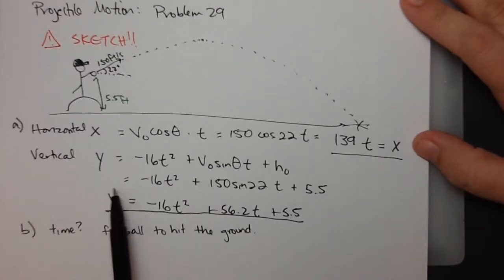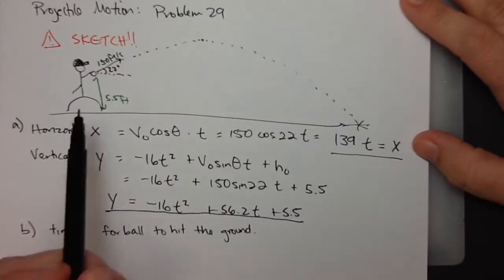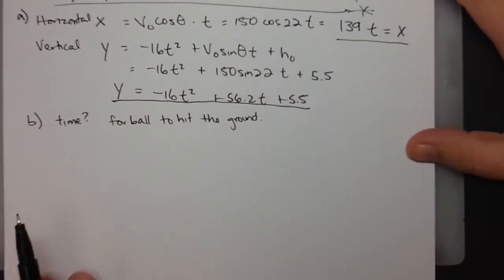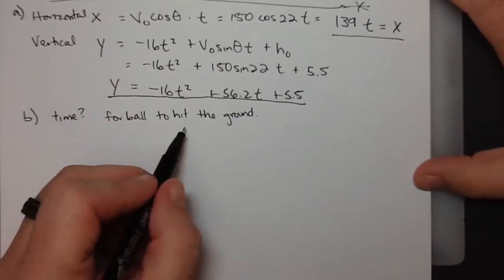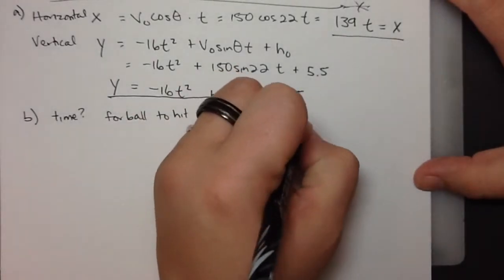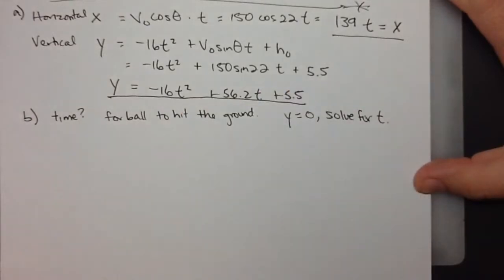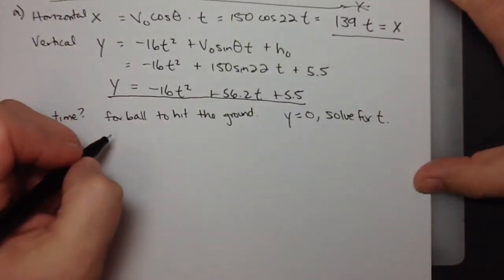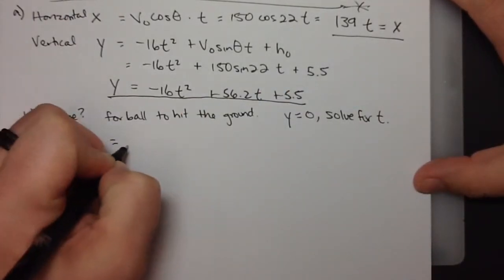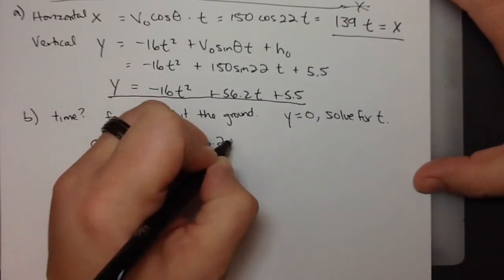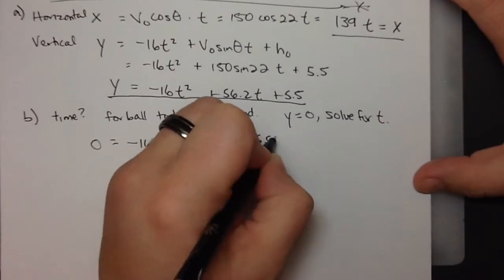All of that information is encoded in y. So when the ball hits the ground, y is 0. So to find the time it takes the ball to hit the ground, we set y equal to 0 and solve for t. So that tells us 0 equals negative 16t squared plus 56.2t plus 5.5.